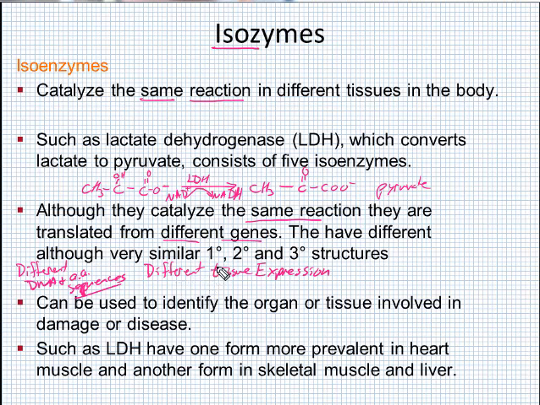So that's what we mean by different tissue expression. Some of these DNA sequences get translated into protein in one tissue but not the other. Now the cells, regardless of what cell they are, still need to be able to carry out this reaction. They're just going to do it with different enzymes.